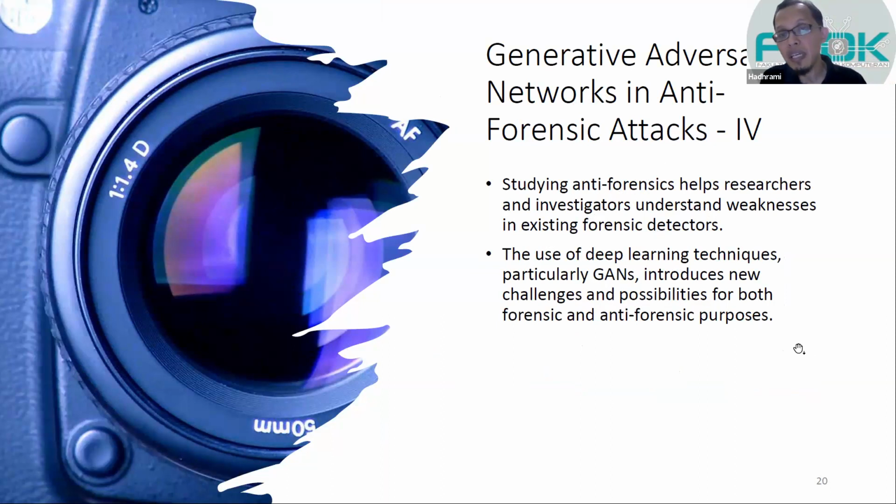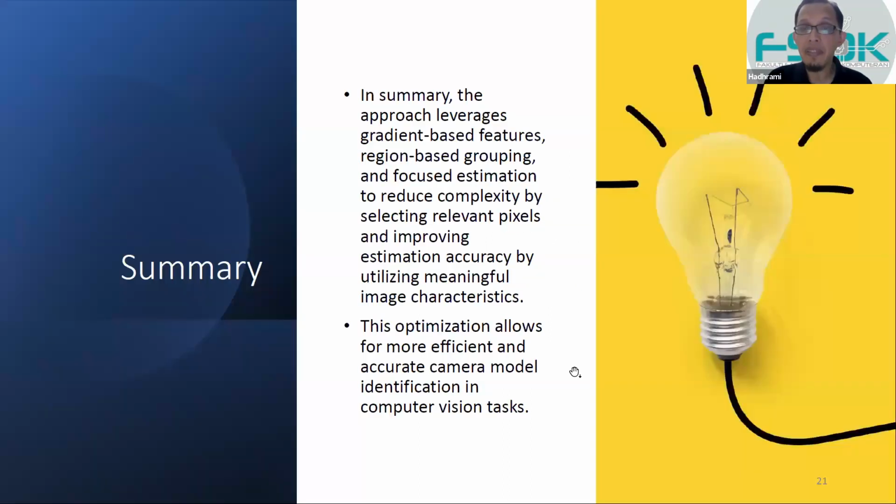We can use this GAN for both, but because it can be used for both, we need to understand how it is implemented, especially for anti-forensics, in order for us to understand how we can counter the anti-forensic attacks implemented using the GAN.